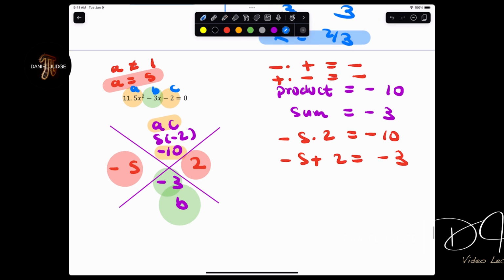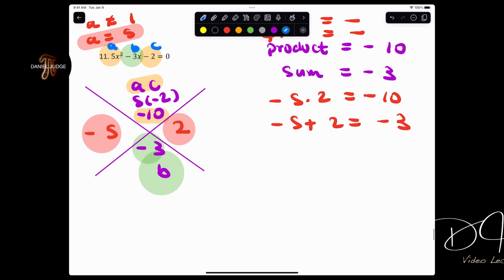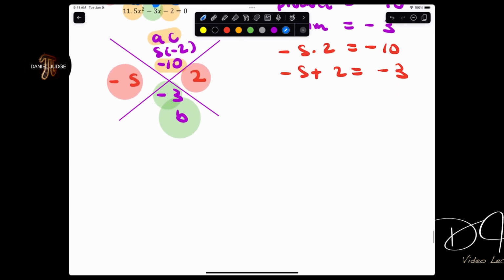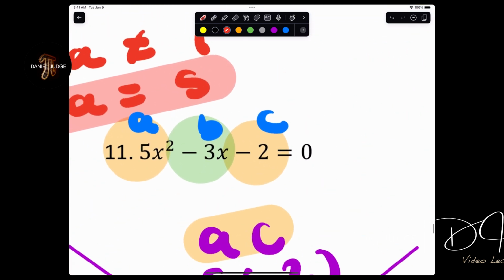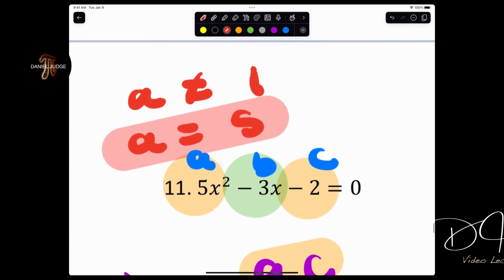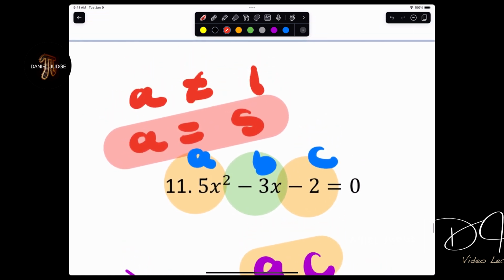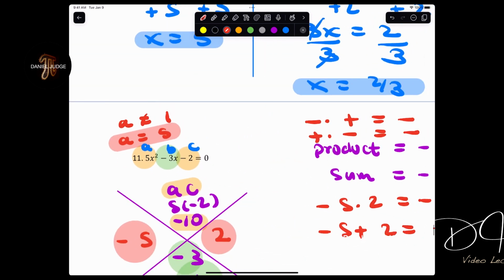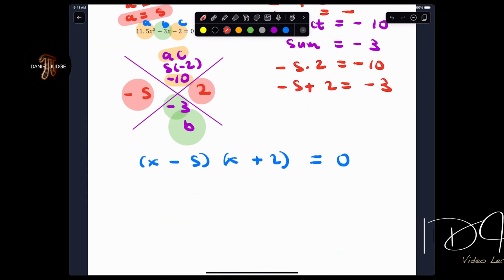All right, ladies and gentlemen. Okay, so A is 5. A is not 1. So let's go through the procedure again by that crisscross method. Okay, and yes, it equals 0. So the A value now, go back, is that +5. It's not 1. So if A is +5 and not 1, we're going to divide those two numbers we found by that +5.